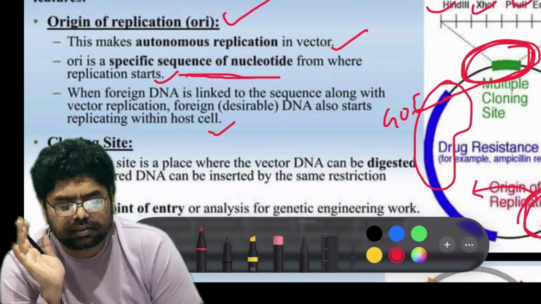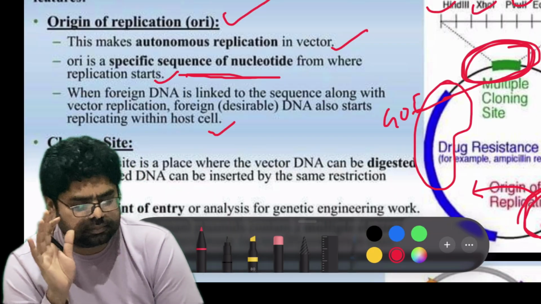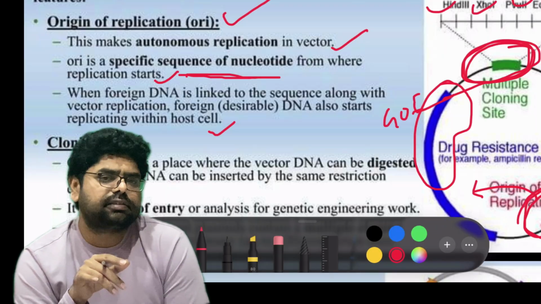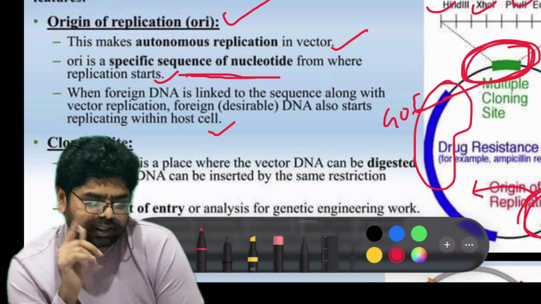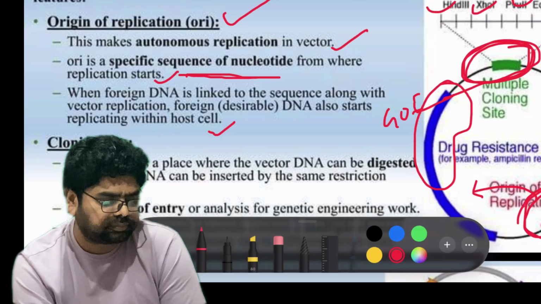Suppose you don't have that restriction enzyme inside this multiple cloning site or MCS, you just have to put in one restriction enzyme so that you can clone your gene of interest. And how that is done, I will tell you in another video. That is a very interesting topic.